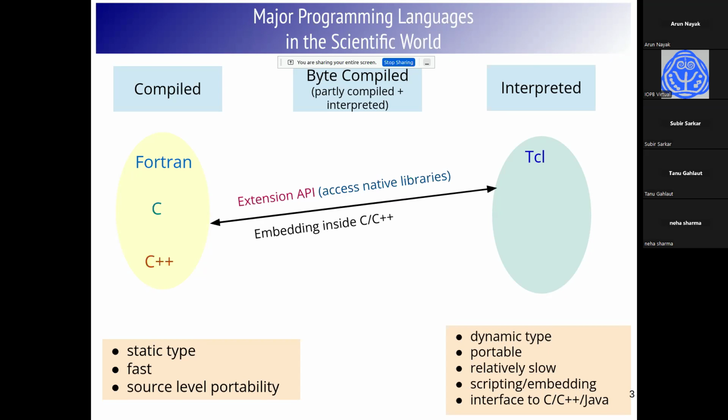On the other hand, the interpreted languages use dynamic types, though we'll see exceptions also. They are portable in the sense that you don't have to compile them into an executable. You just take the source code itself and run it. When you say that they are portable, that means on each such system there is a virtual machine.